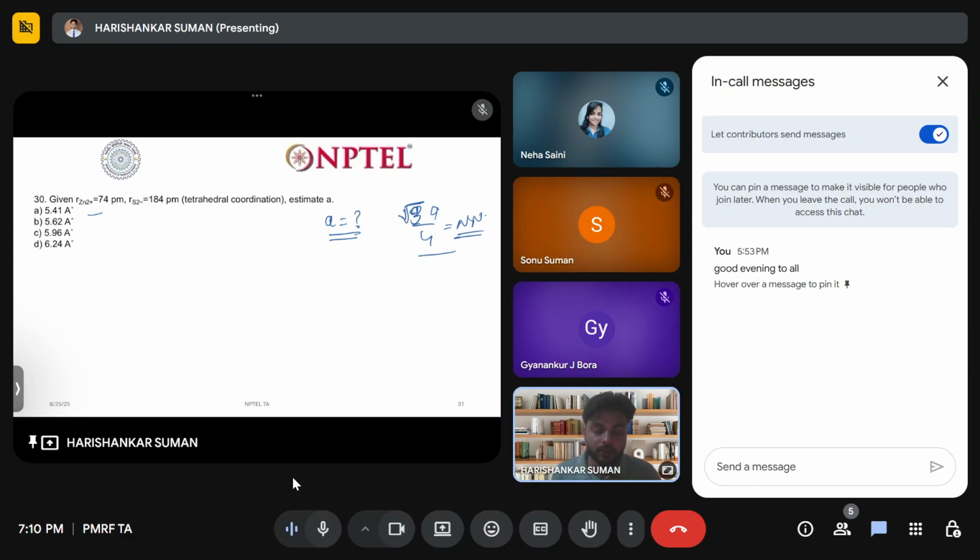You can take 2 to 5 minutes for this question, but try. Let me give the hints. This is also given: r plus is 74 and r minus is 184 picometer, and we have the relation for the nearest neighbor. Use this, find out a.